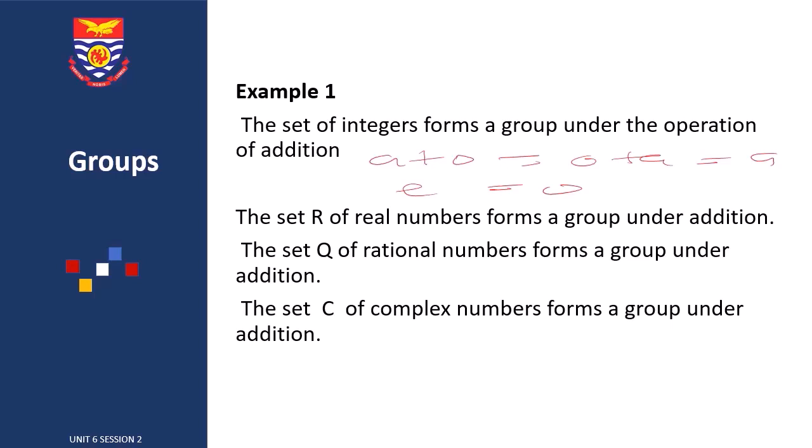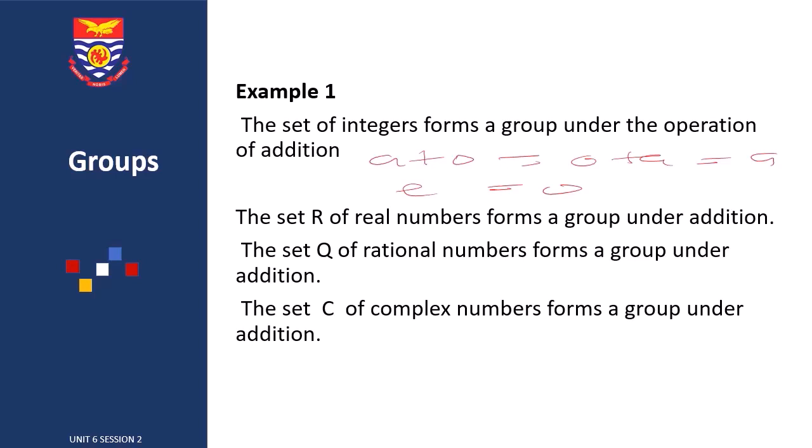When you pick 3 numbers, 2, 3, 4, it is associative. Likewise, you can find an inverse element, A inverse, which is negative A. Once these 3 conditions are satisfied, we say that the set of integers forms a group.